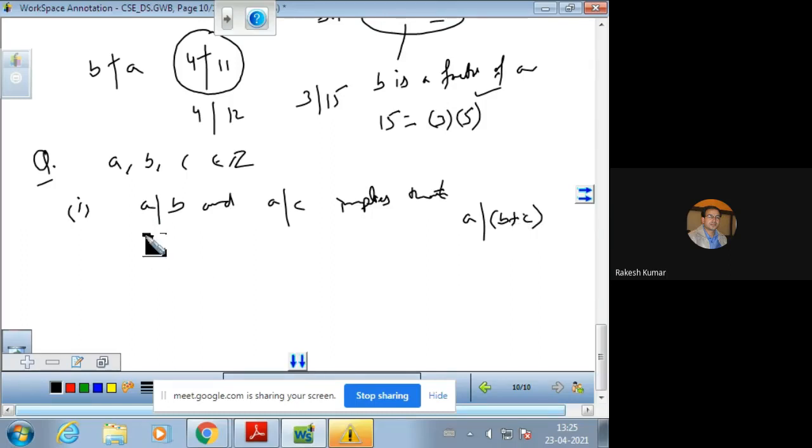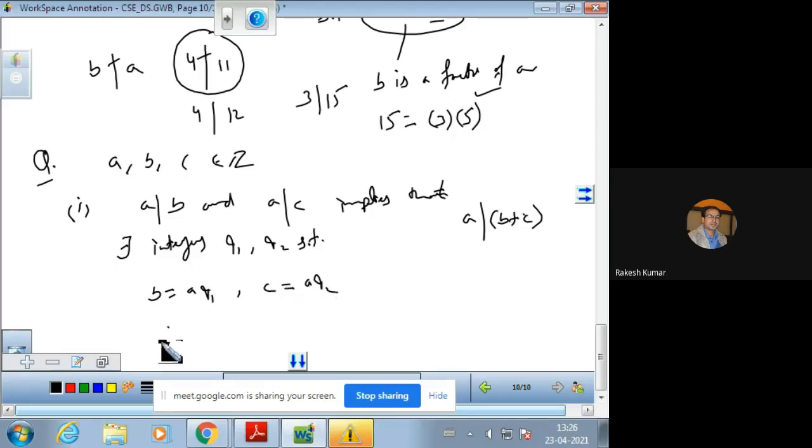So for this, if A divides B and A divides C, then there exist integers Q1 and Q2 such that B can be written as AQ1 and C can be written as AQ2.